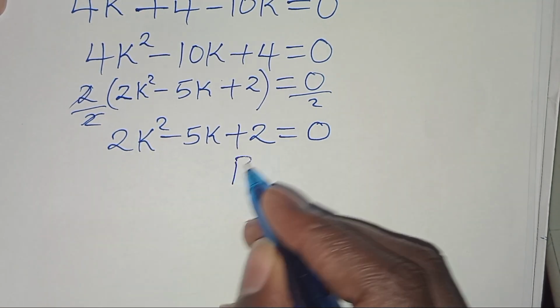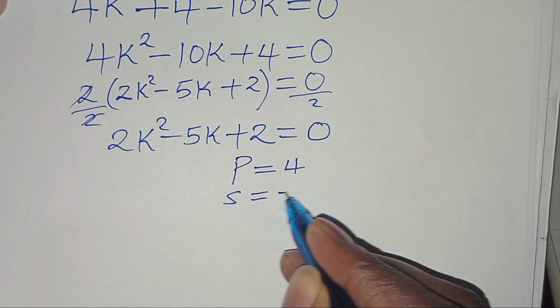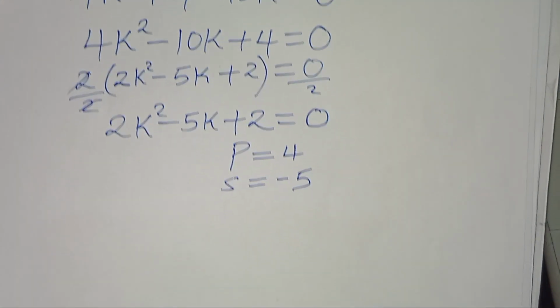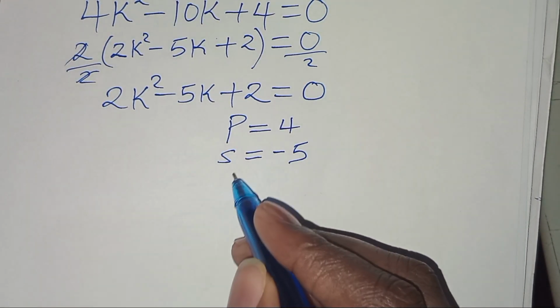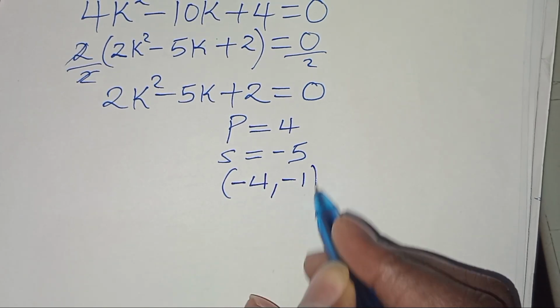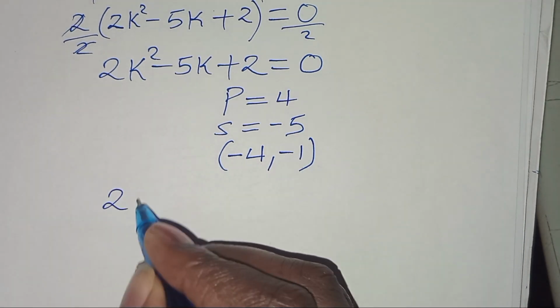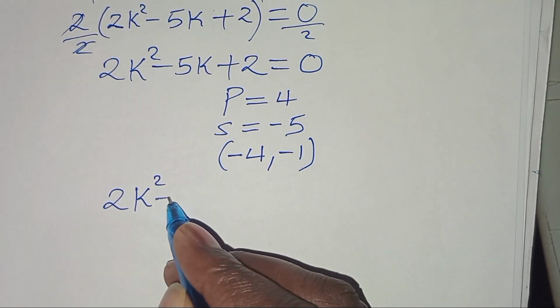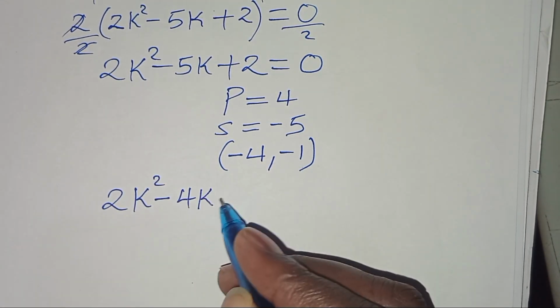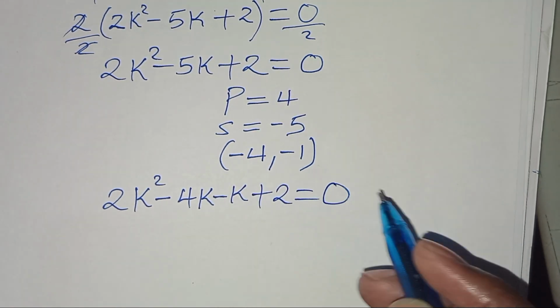The next step here, we can apply factorization. That is, we can get the product. The product here is equal to 4, and the sum is equal to negative 5. So let's get the factors here. The factors are negative 4 and negative 1. So that now we can have 2k squared subtract 4k subtract k plus 2, equal to 0.